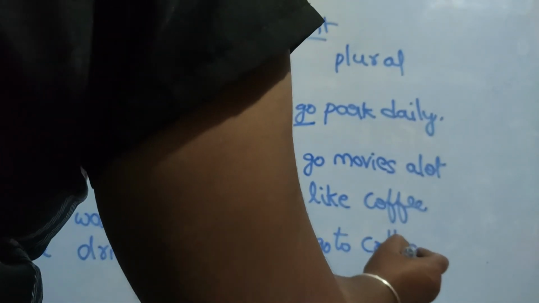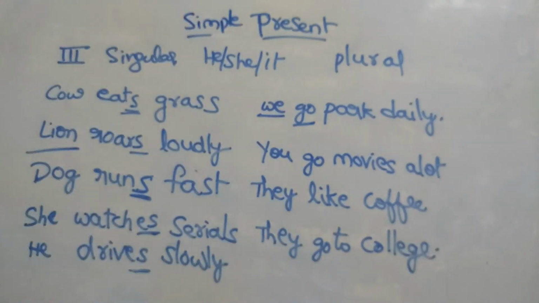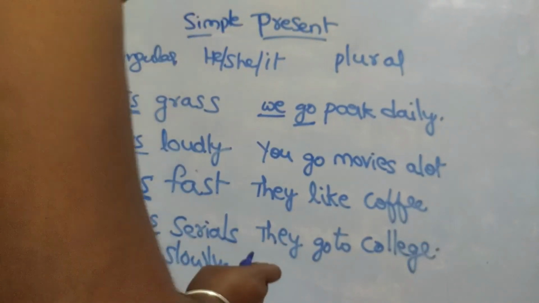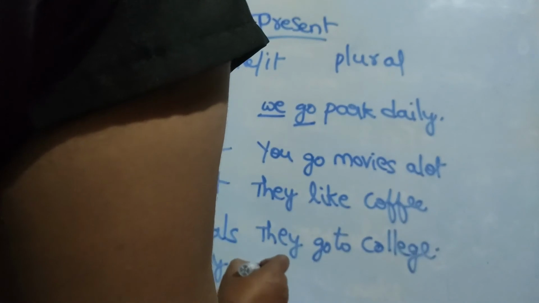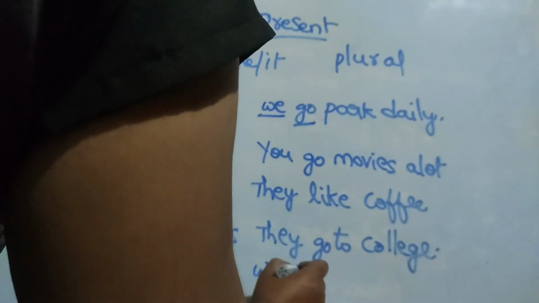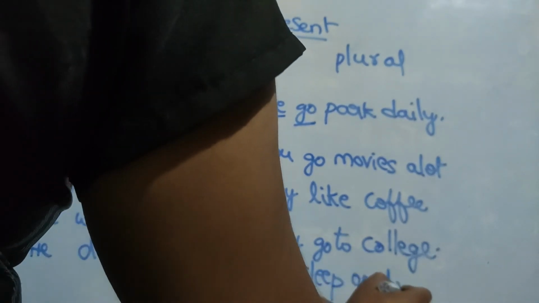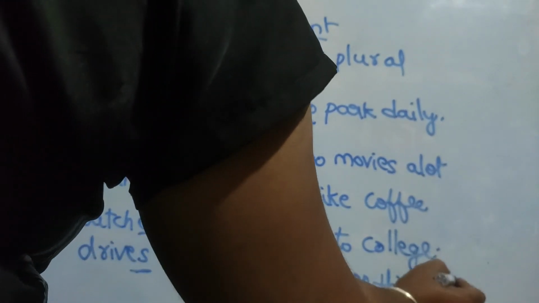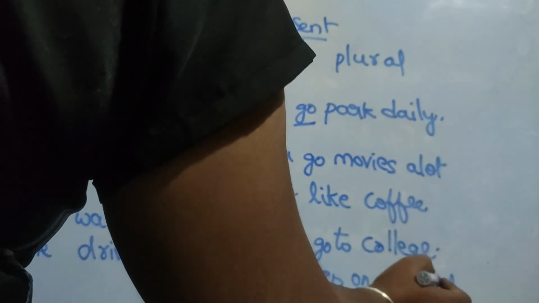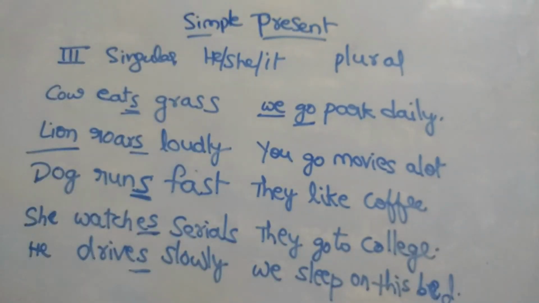The group of people sitting there, they are college students. So how do they tell? They go to college. Again, we sleep on this bed. When the brother and sister are sharing the bed, how do they tell? We sleep on this bed. This is our bedroom.